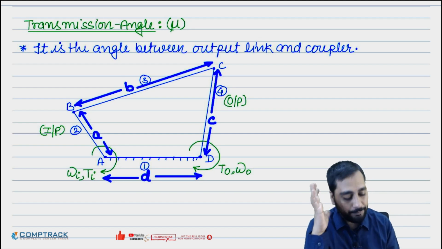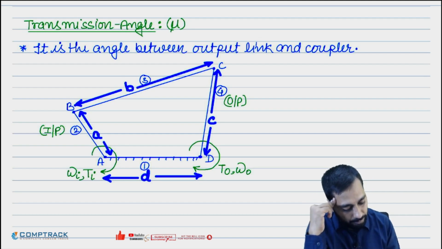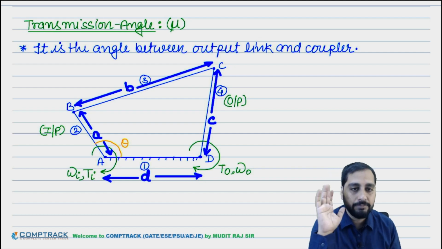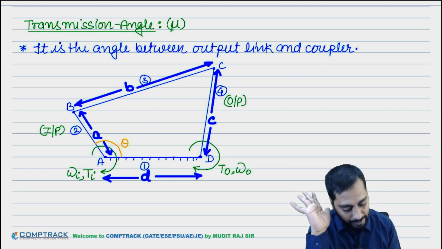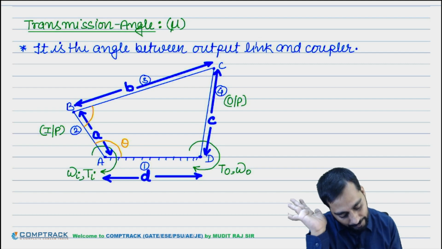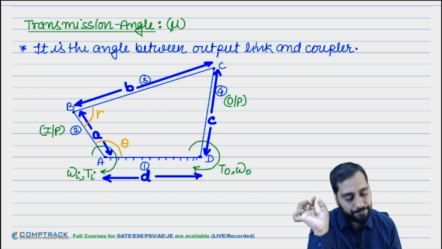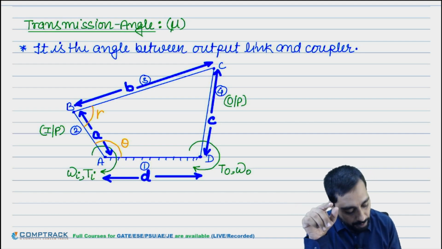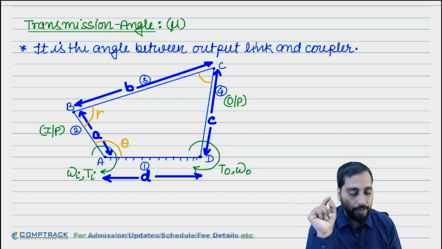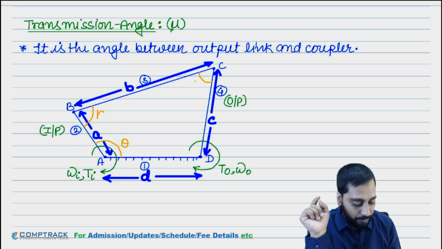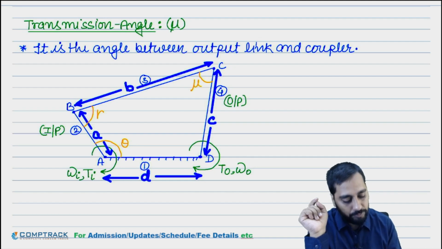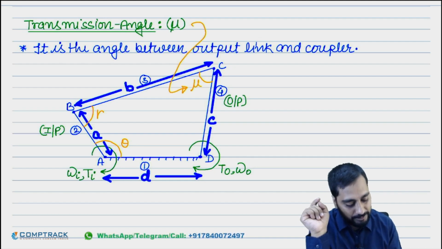The angle of this crank with the fixed link we will consider as theta. The angle between the crank and the coupler is gamma. Now the angle between the coupler and the output link will be your transmission angle mu.